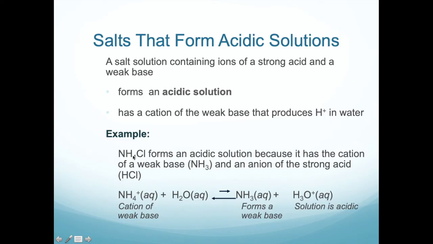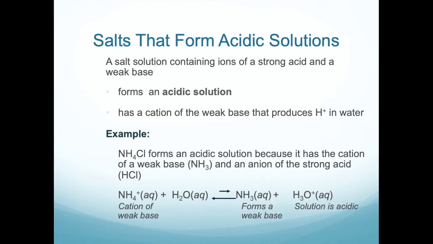But ammonium is going to react with water and go back to forming ammonia. But when it does so, it gives off hydronium ions, and this is what makes the solution acidic. So ammonium is actually a decent conjugate acid for ammonia, which is a weak base.